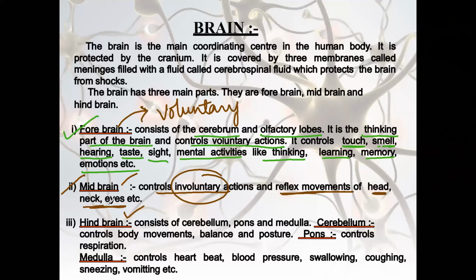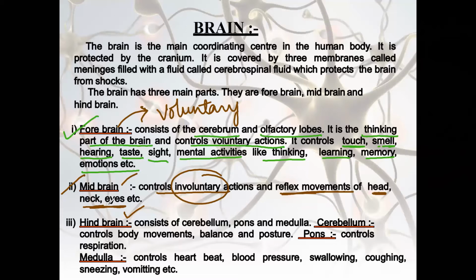We will learn what reflex movements are. Just remember that midbrain controls all the involuntary actions and reflex movements of the head, neck, and eye. That means the parts near to the brain, like the head, the eyes, and the neck.